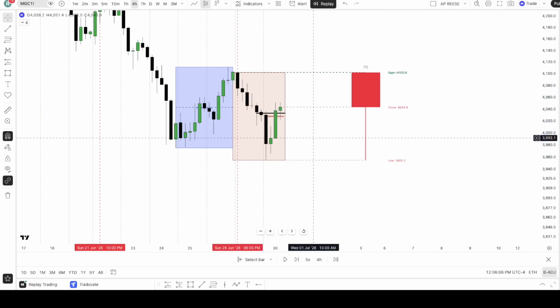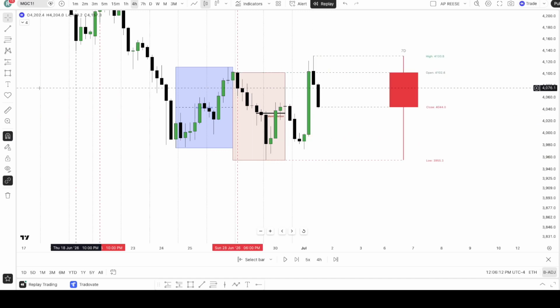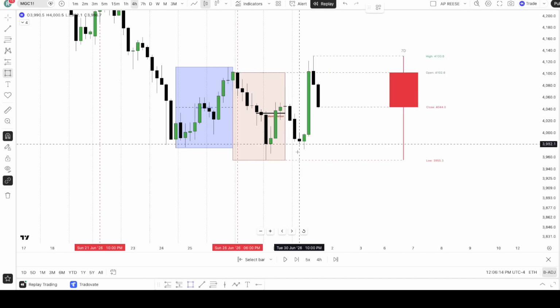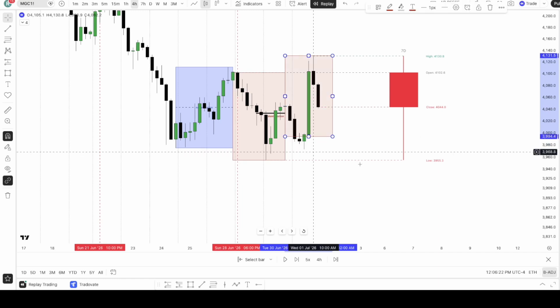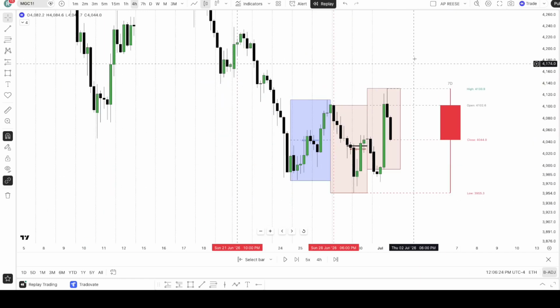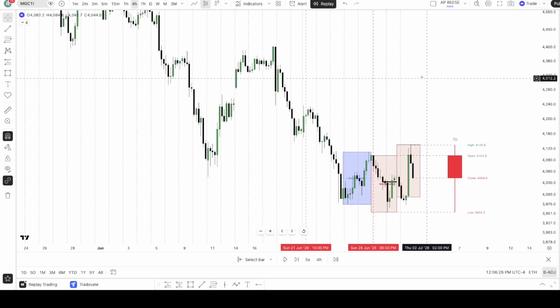And now we can look for price to continue to the upside and go into a distribution phase. So as you can see, price started making its way higher, and this will be considered your distribution phase. You can target the opposite end of the accumulation range or any higher time frame targets that you see within this candle's range.